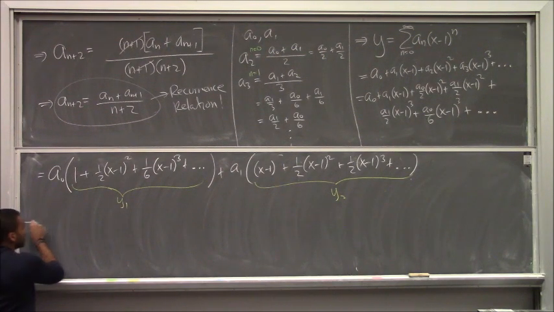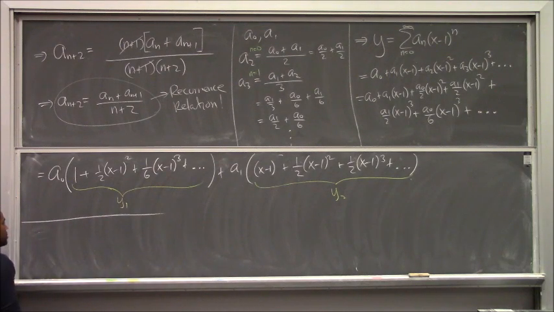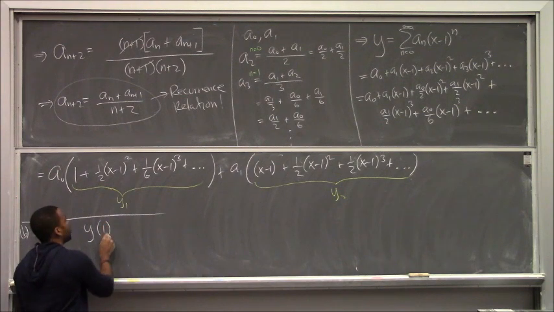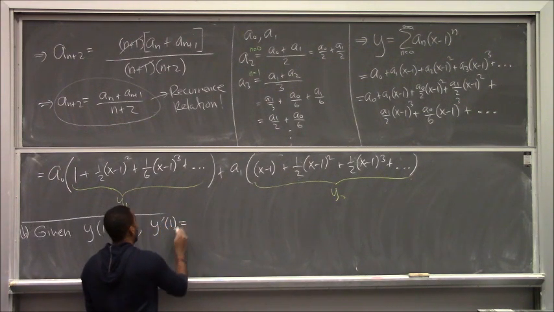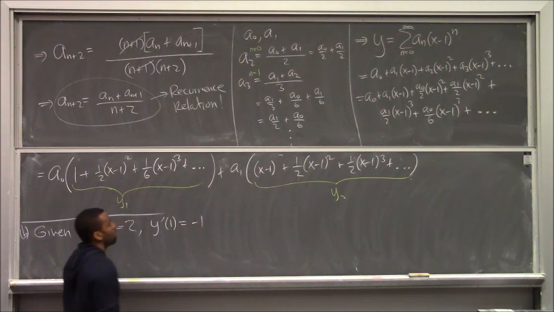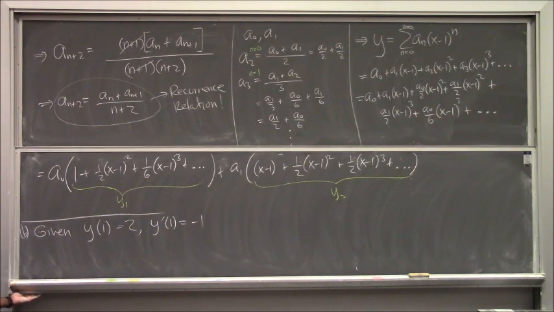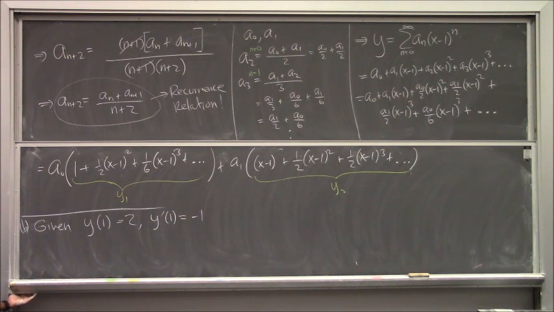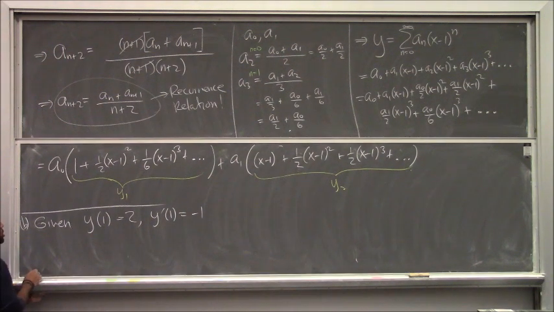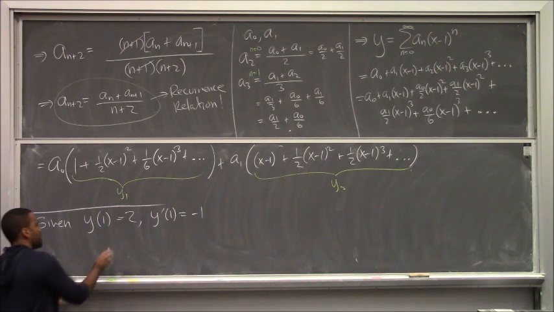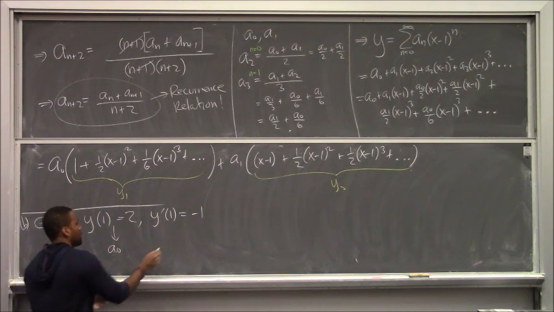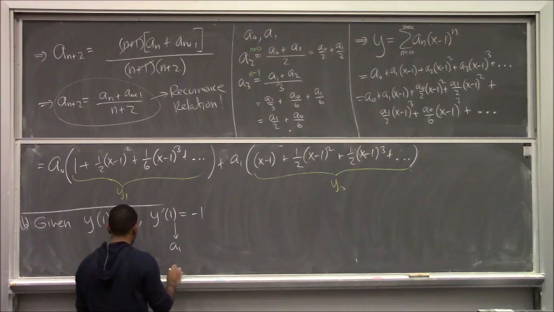Okay, so now, this is part B really. We were given that at 1 we had y equal to 2, and y prime of 1 we had minus 1. But notice what that means. This guy here is actually just A0, and this guy here is actually just A1.